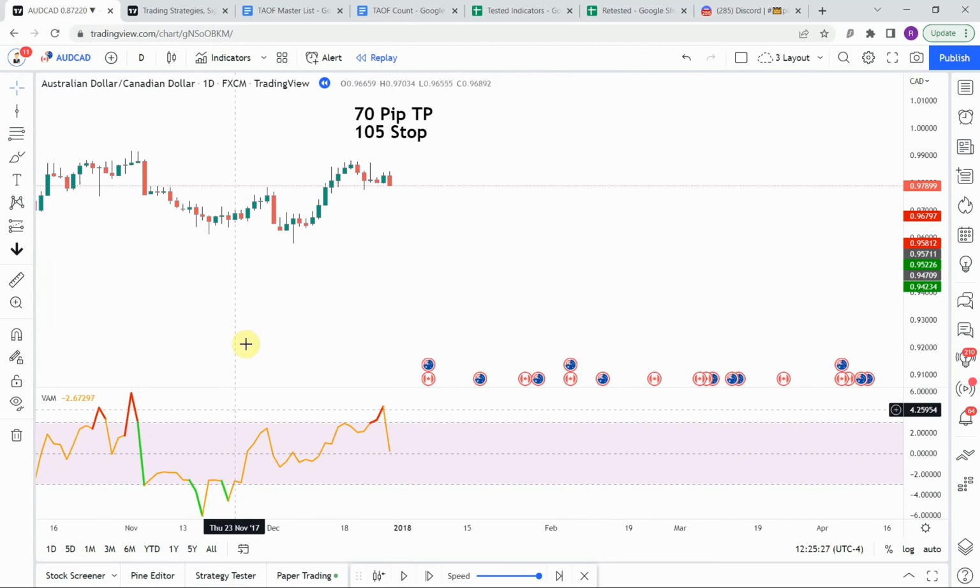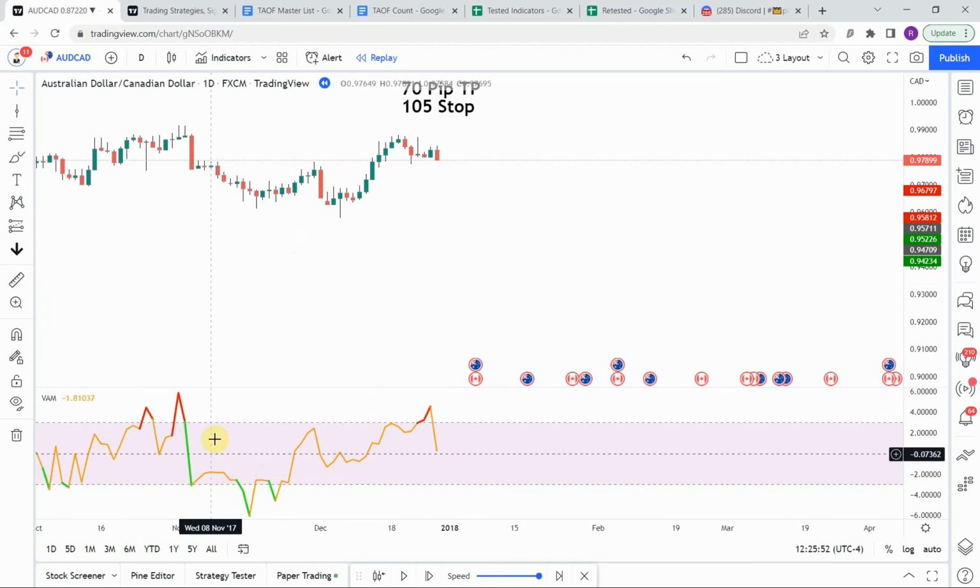And when it breaks up above that upper band, as you can see, we are looking for short opportunities. That's why the line there turns red. So we're looking for the break above, and then we are looking for the oscillating line to break back down into the center zone, and that will be a signal to go short.